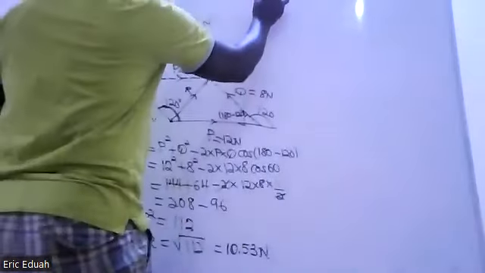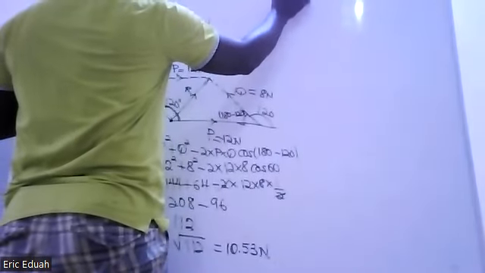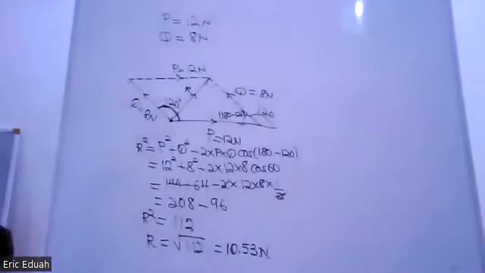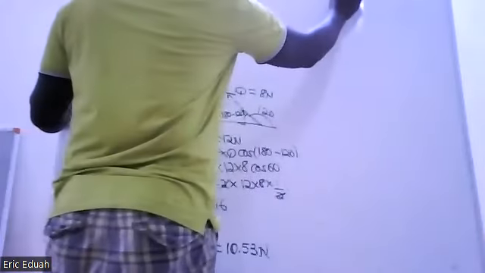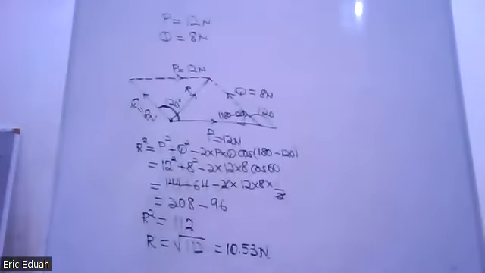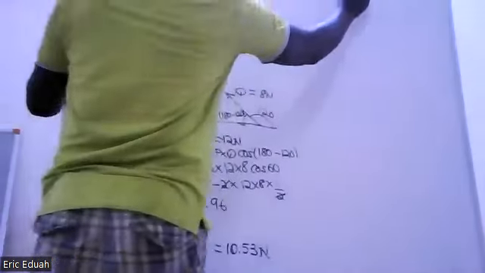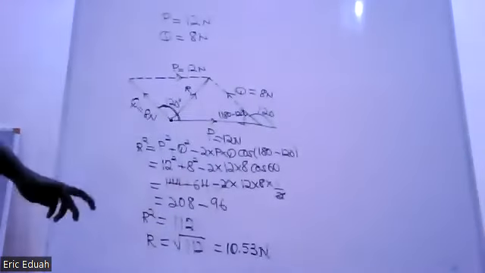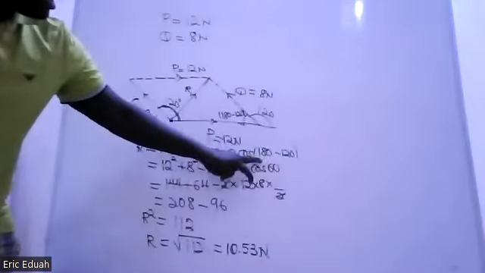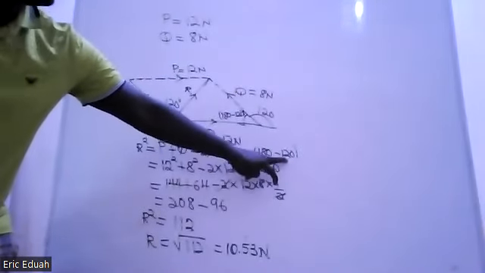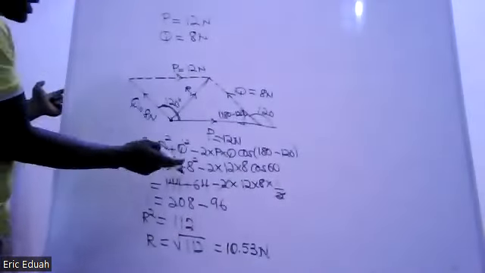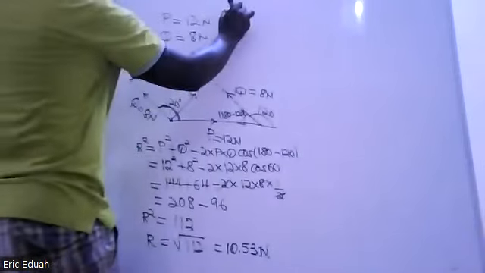Now, another way. You see, cos of 180 minus 120 is equal to negative of what? Negative cos 120. Good. So what cos 180 minus 120 will do, only the negative of cos 120 would also do. So let's look at it from that angle.